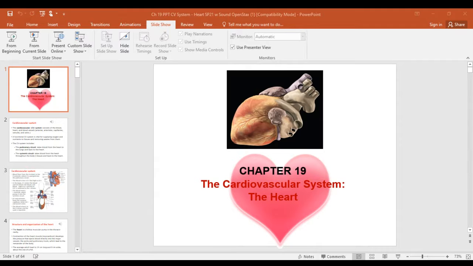This is blood on its way to the lungs, so that's called the pulmonary valve. This one is called the aortic valve. Blood goes through it on its way out through the aorta, and it prevents the blood from coming back in.